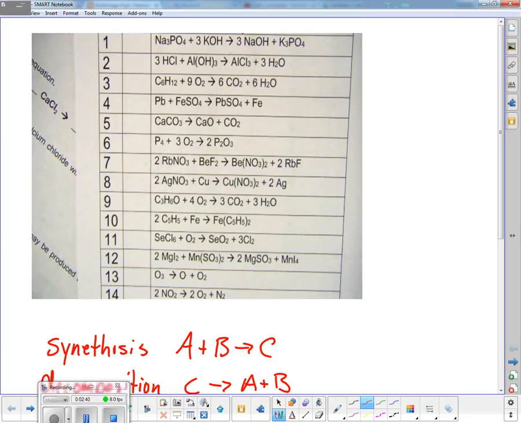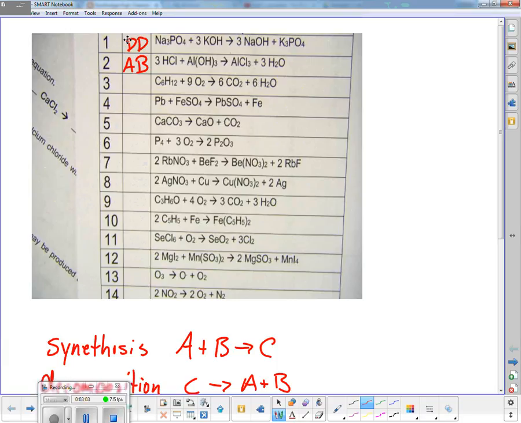Here I have a compound and a compound yielding a new compound and a new compound. What type? Double displacement. Now I have a compound and a compound making a new compound and water. What type? Acid base, because it's a double displacement, but it made water.